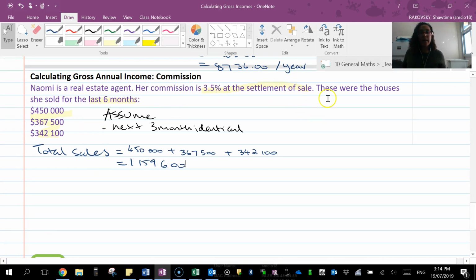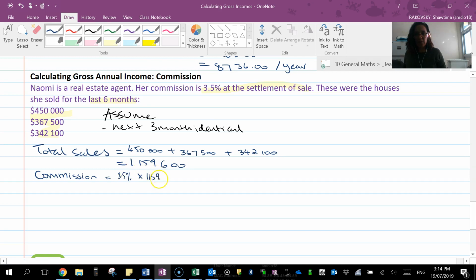Now we need to work out 3.5% of the settlement sales. So when you hear 3.5% of something, you know you need to multiply. So that's what we're going to do next. With that though, you can also use your decimal. So remember 3.5% is the same as saying 0.035.